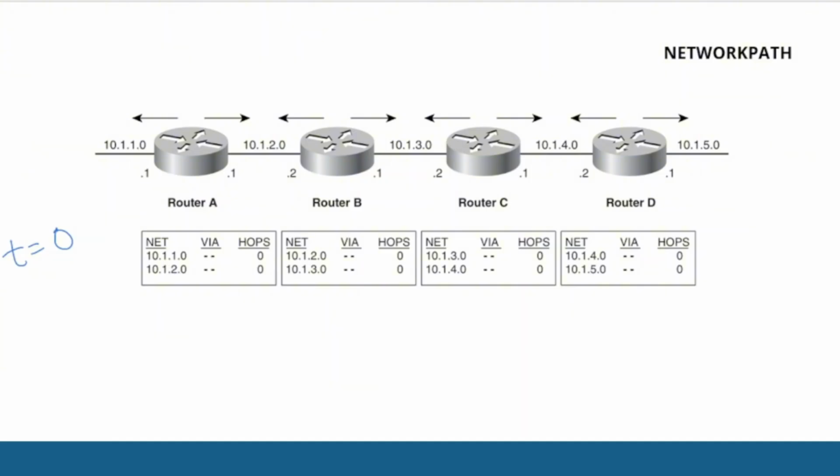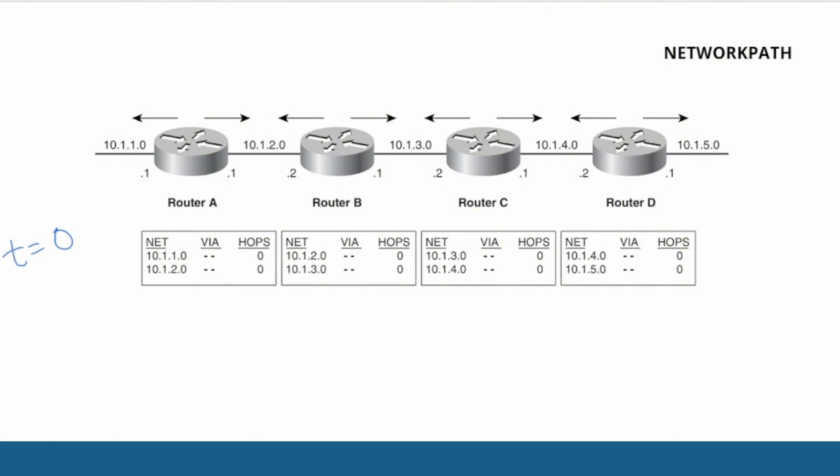Okay, so router A hears from router B at time t equals 1. What it hears from B is: I can reach networks 10.1.2.0 and 10.1.3.0, both 0 hops away. If you look at router B, you can clearly see that these are two directly connected networks.